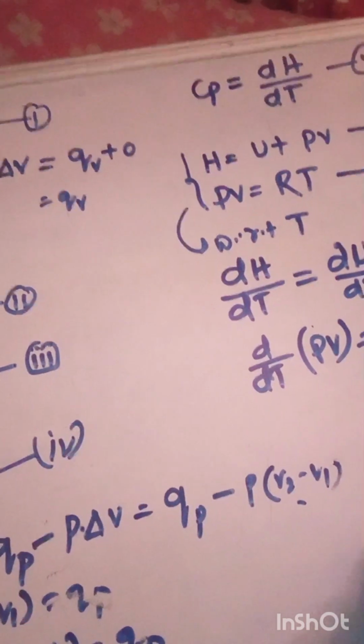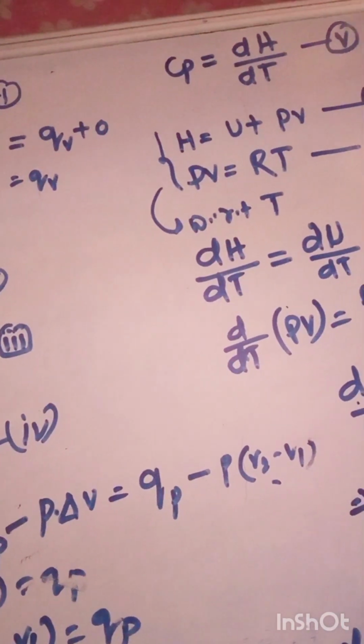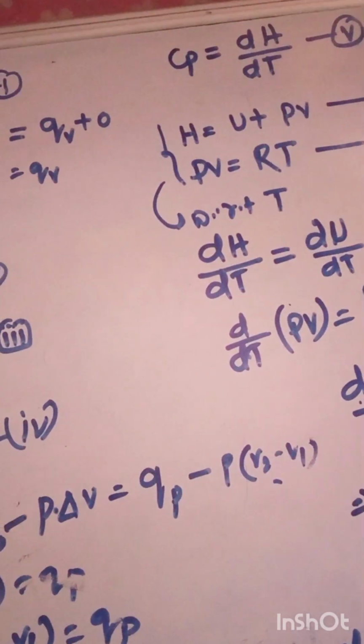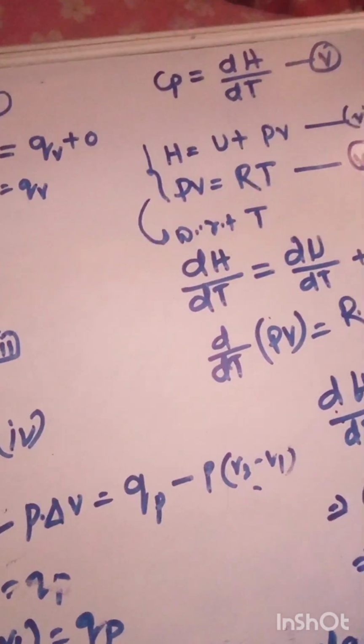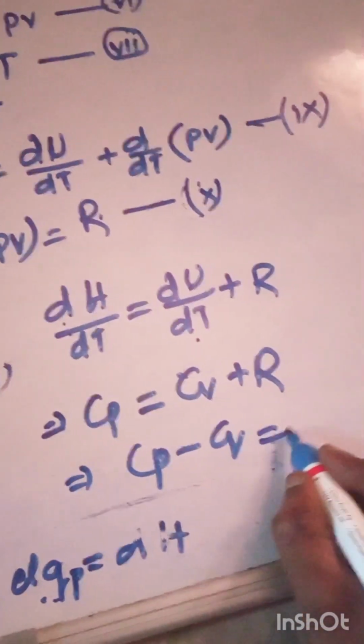So this will become Cp is equal to Cv plus R, or Cp minus Cv is equal to R.